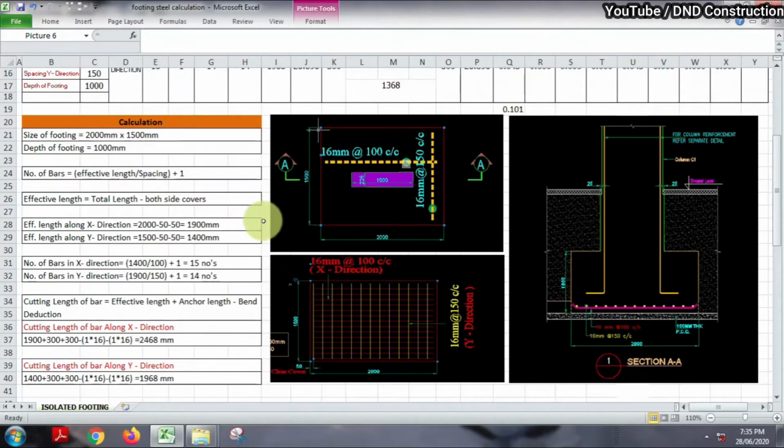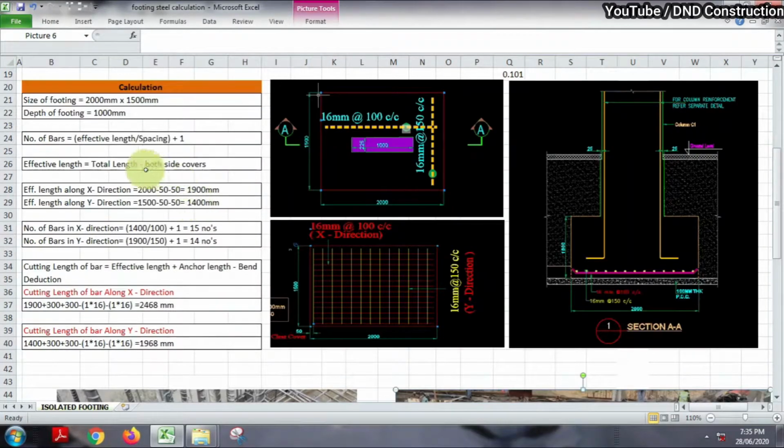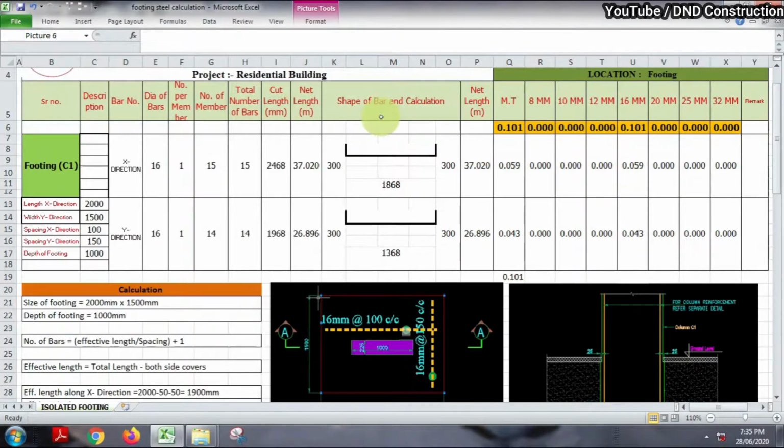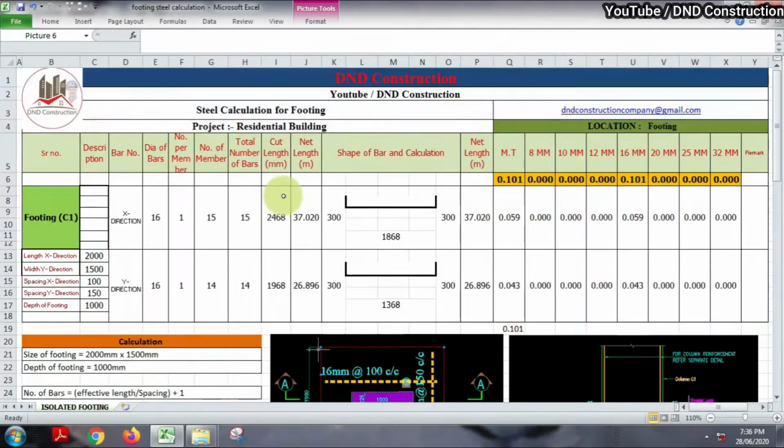I have explained so that you know where these values are coming from, the basic funda of all the calculation, so you don't get confused, because we are using formulas. So friends, let's start in the Excel sheet.